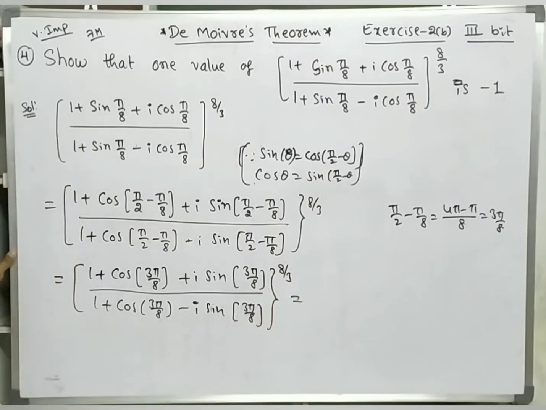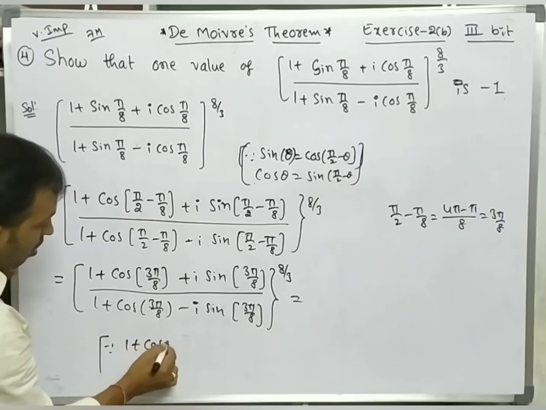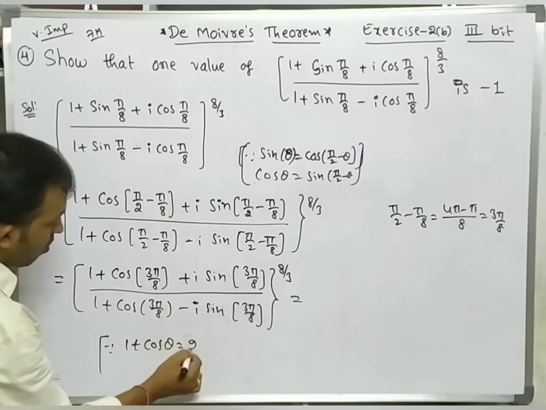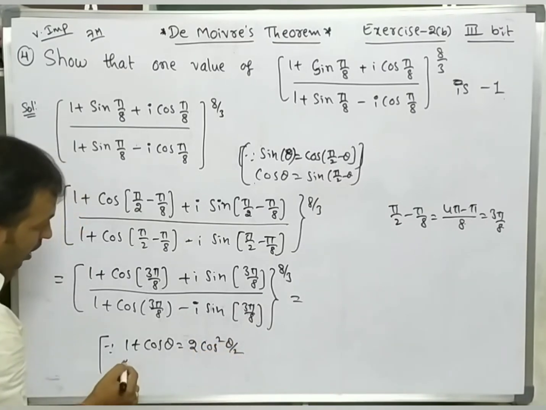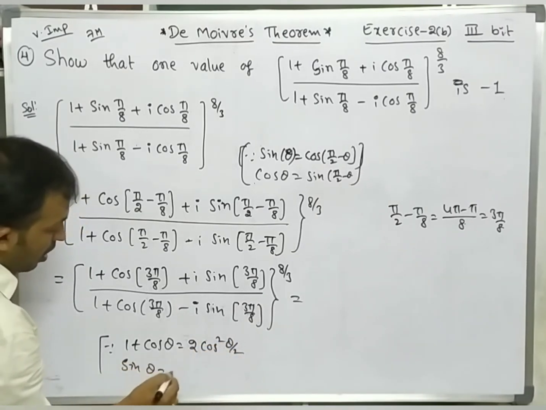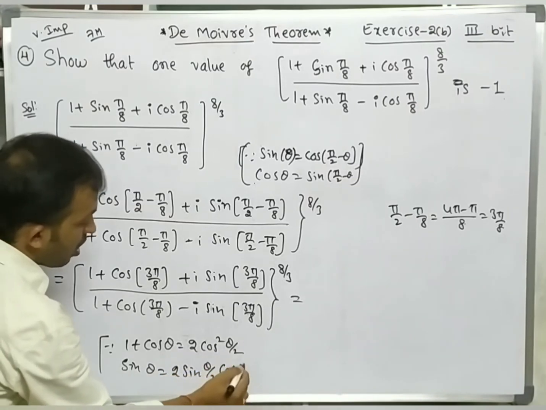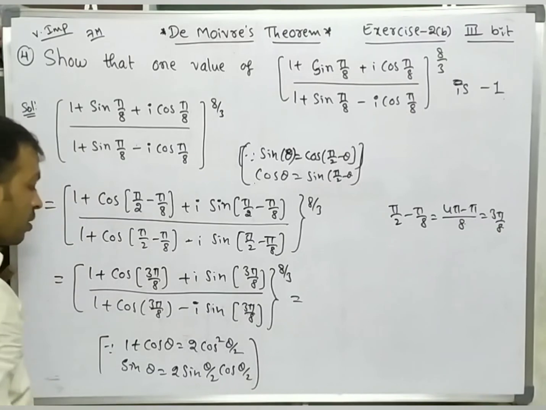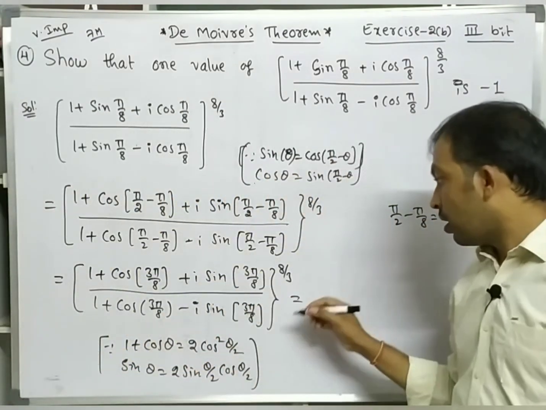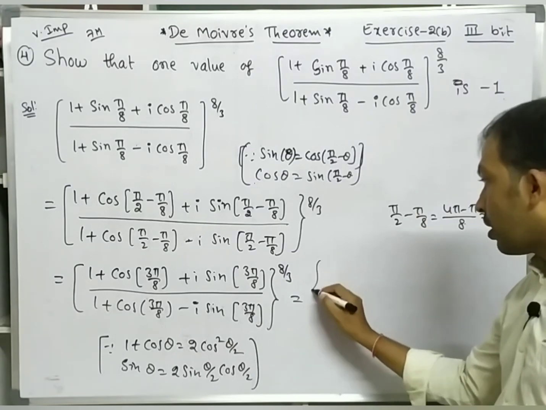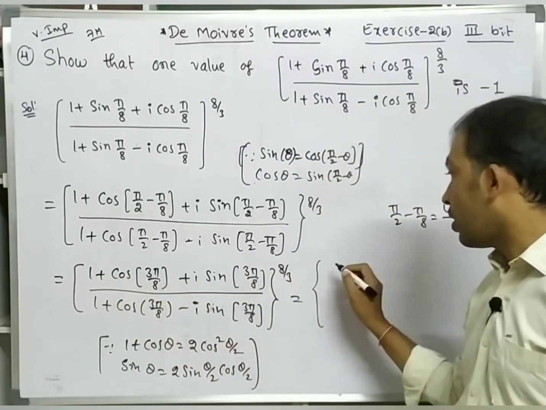Okay, now we have two formulas. Those are 1 plus cos theta is equal to 2 cos square theta by 2, and the sin theta formula is 2 sin theta by 2 cos theta by 2. Okay, so these are the important formulas which we are going to apply here. So this can be written as 1 plus cos theta, formula 2 cos square theta by 2.